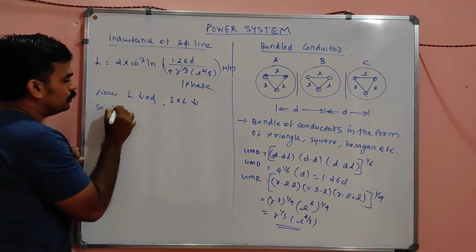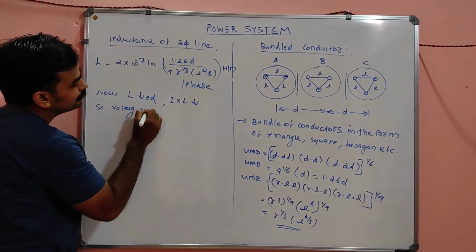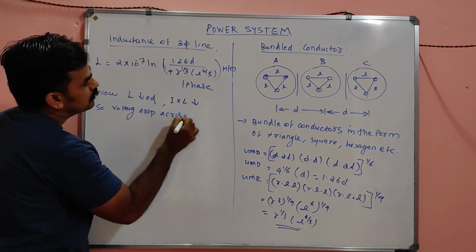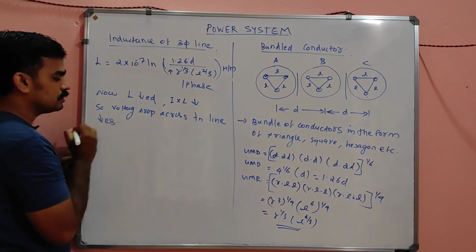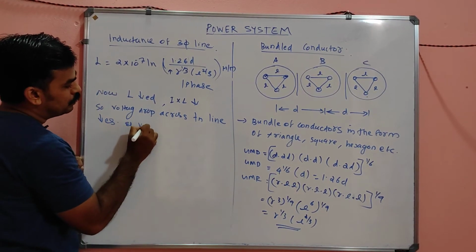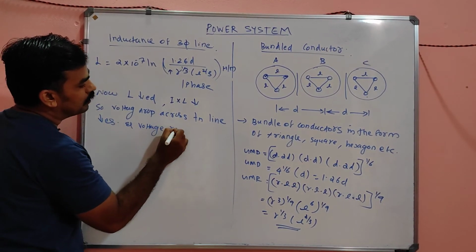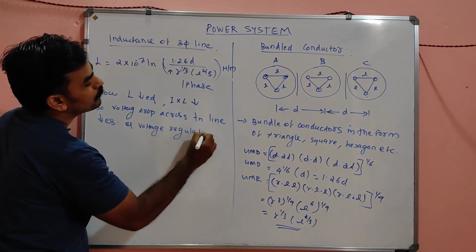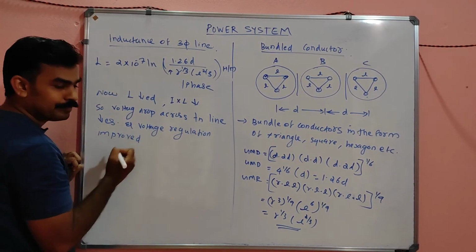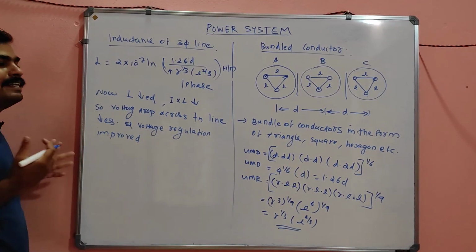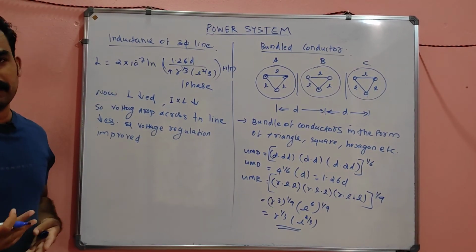So the voltage drop across the transmission line decreases and voltage regulation is improved. So what are the advantages of bundling conductor, my dear?